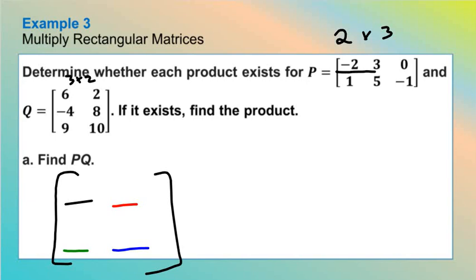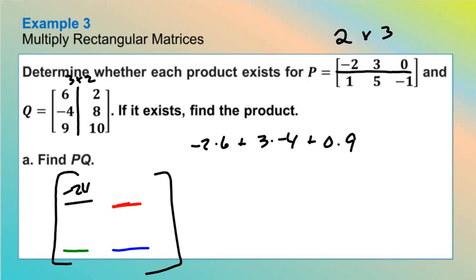So I'm going to take row 1 times column 1. So I have negative 2 times 6 plus 3 times negative 4 plus 0 times 9. That's negative 12 plus negative 12 plus 0 gives us negative 24.